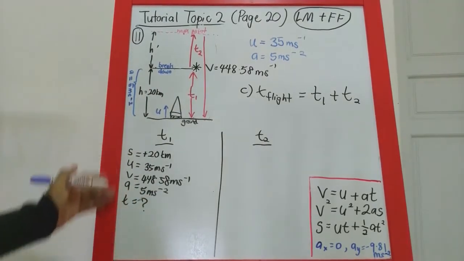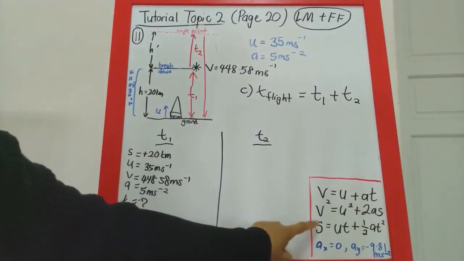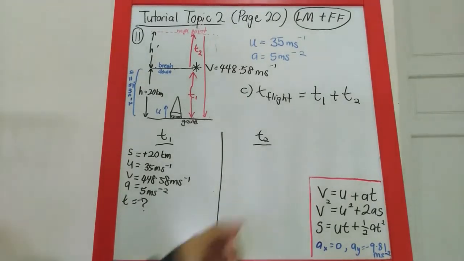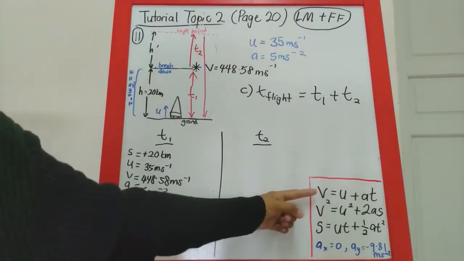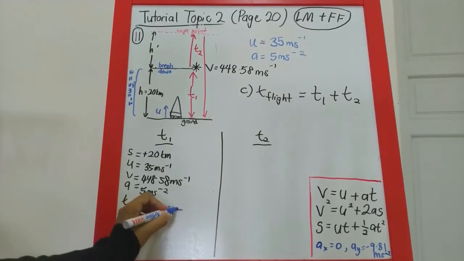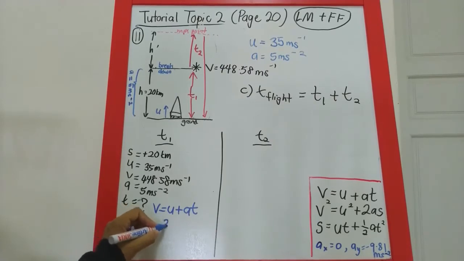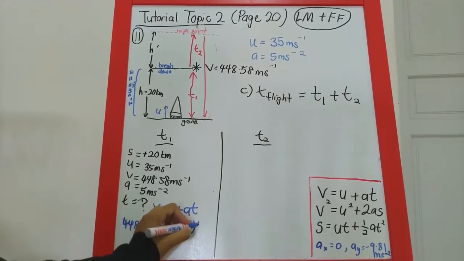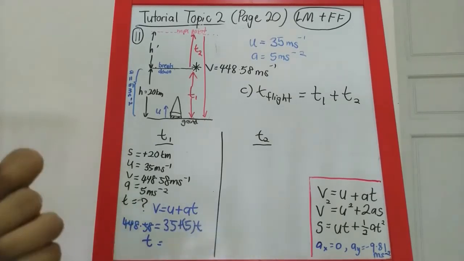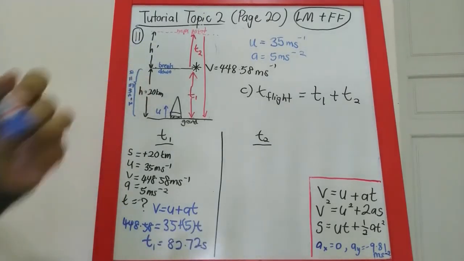So based on these, actually we can use this equation and this equation. Cannot use this one because you don't have time in it. I'm going to choose this one since this is much simpler. So V equals U plus AT. V here is 448.58, U is 35, A is 5, and the time. So the time taken is 82.72 seconds. Okay, that's the time T1.